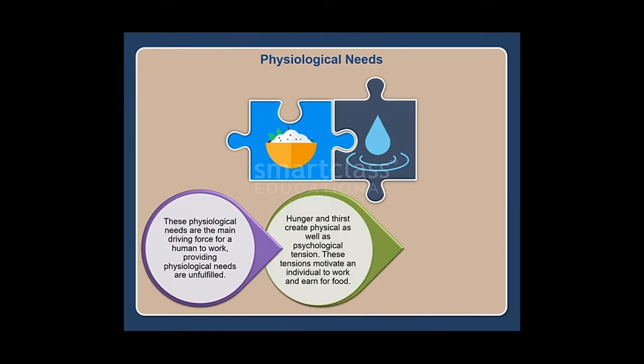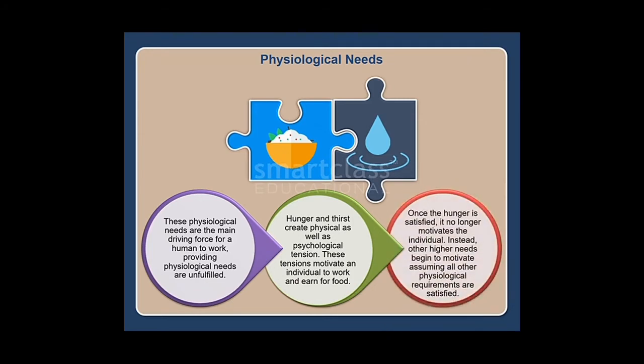Hunger and thirst create physical as well as psychological tension. These tensions motivate an individual to work and earn for food. Once the hunger is satisfied, it no longer motivates the individual. Instead, other higher needs begin to motivate, assuming all other physiological requirements are satisfied.